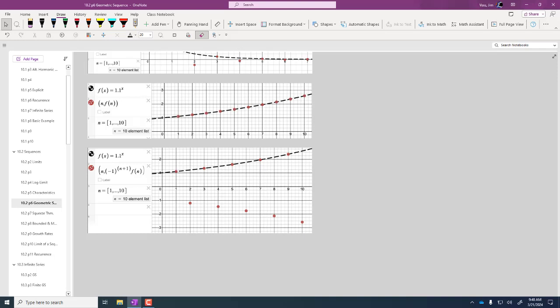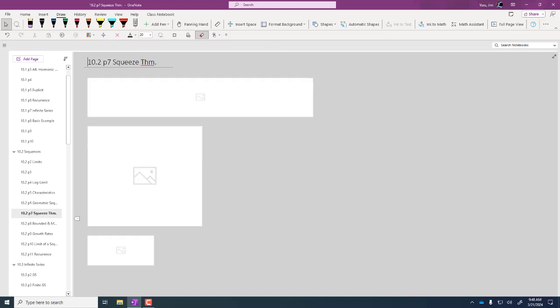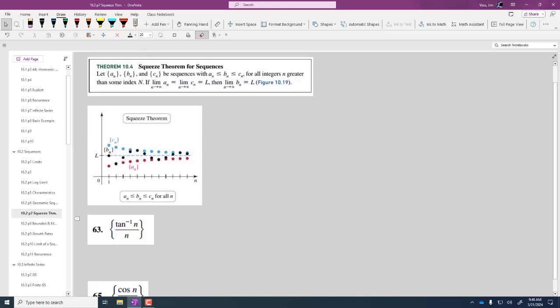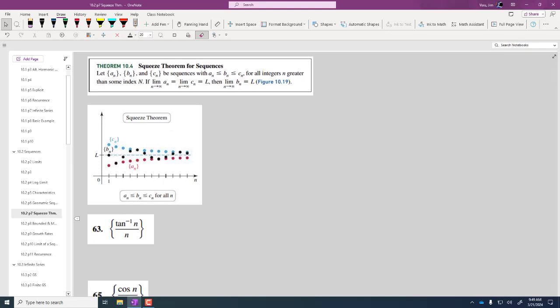All right, so let's take a look at this theorem called the squeeze theorem. The squeeze theorem is going to allow us to mathematically get the limit of something that feels pretty intuitive, but we need a little math to confirm it.